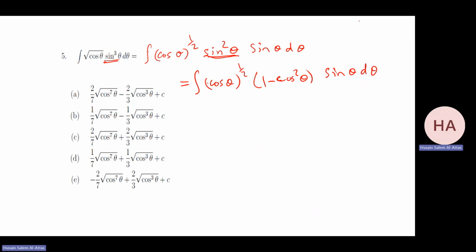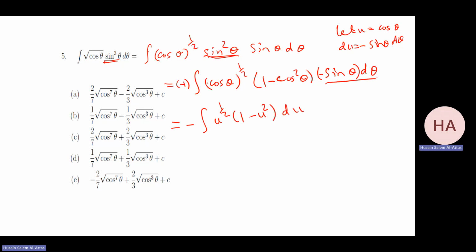Now everything is ready. I will let u be cosine theta. Don't forget du is minus sine theta d theta. So I need the minus sign here and the minus sign outside. So that will be minus u to the power half, 1 minus u square du. That will be my du with the minus.